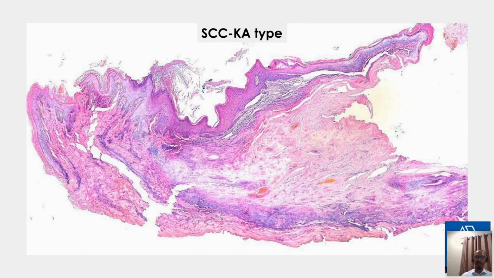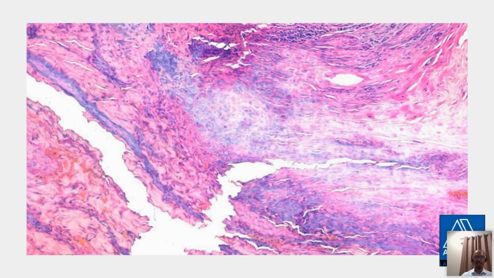You can still appreciate that it's possibly a crateriform lesion, but when you go to higher magnification, you can't see any cellular detail, which makes it difficult to say whether this is a well-differentiated SCC of KA type, or is it possible that only the upper parts of the tumor are showing KA, and there's a poorly differentiated component in the deeper parts, which is something that we often see in lesions that were biopsied or excised as keratoacanthoma.